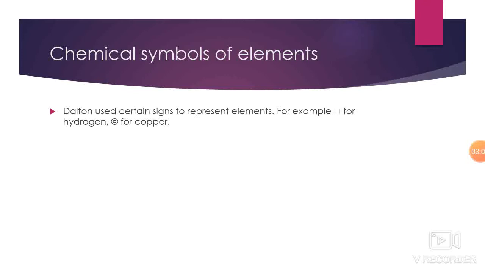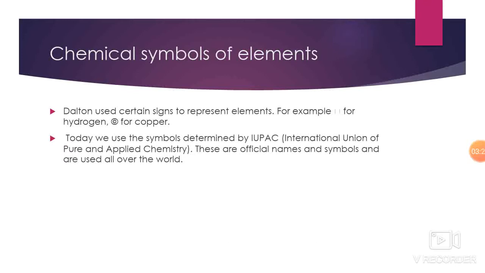So before, Dalton used certain signs for representing the elements. He didn't use symbols like H. He used certain signs that I have shown for hydrogen and for copper. Today, we use the symbols determined by IUPAC, the International Union of Pure and Applied Chemistry.